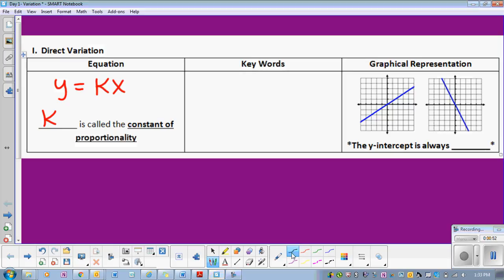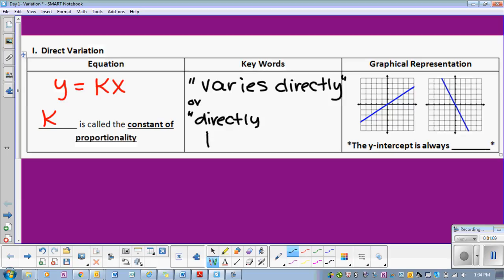I need to see words like varies, directly, or words like directly proportional. Either way, you'll see direct, directly.